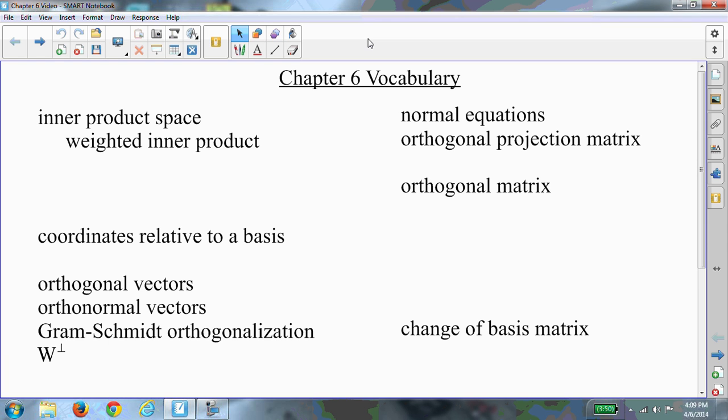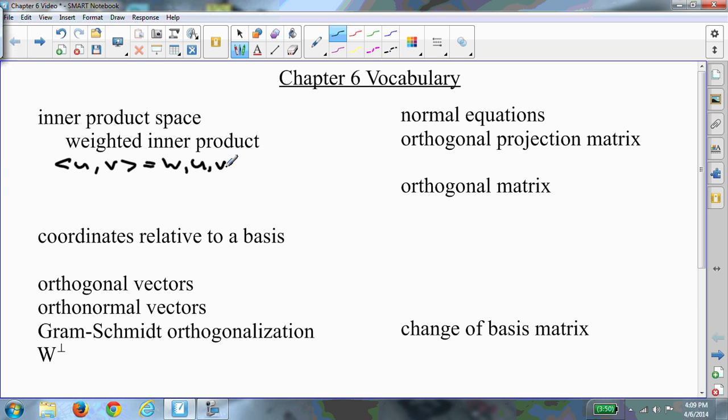For example, the idea of a weighted inner product is when you take something like <u, v> as an inner product, but now we want to apply weights to it. So this would be like w1u1v1 + w2u2v2. Those are weights.